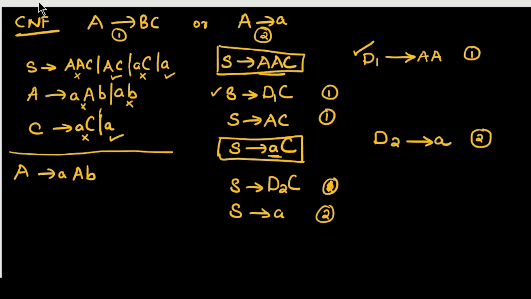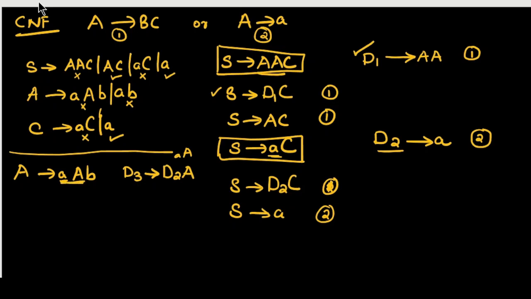So either I can do this: instead of this A, I can substitute D2. I define a variable D3 as D2A. D2 is actually small letter a, so this is like aA, the first part.